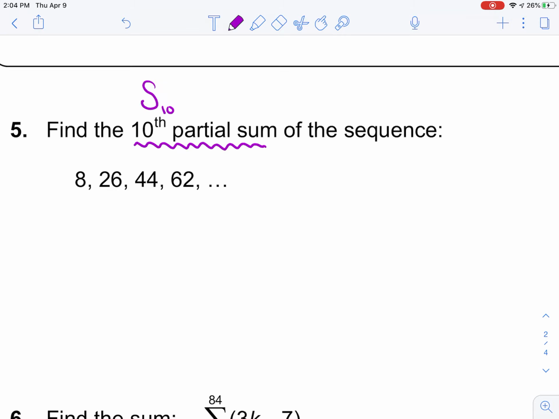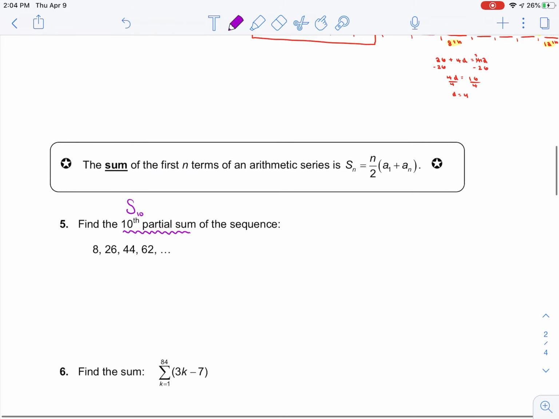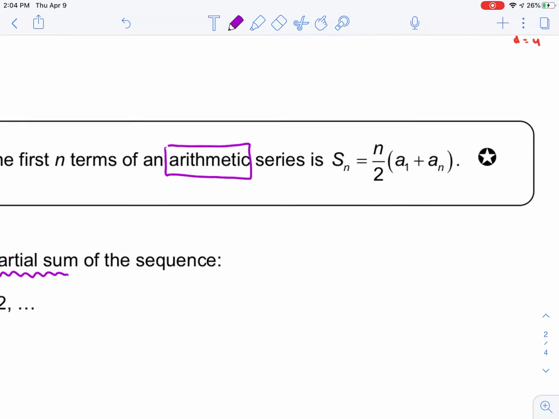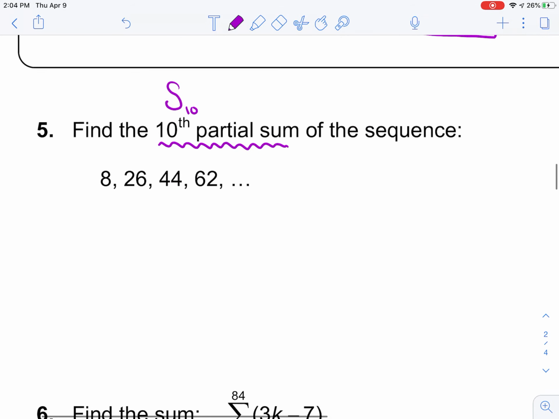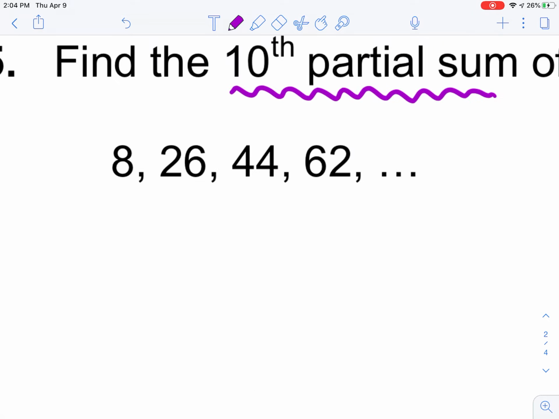Now, in order to use this formula, it has to be an arithmetic series or sequence. A series is when you actually add them together. Notice what was given was a sequence, but we're going to be adding these together, so in a sense it does become a series. If these have a common difference, we can use this formula.